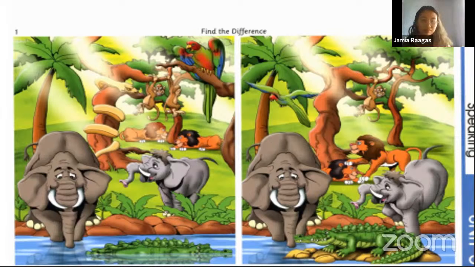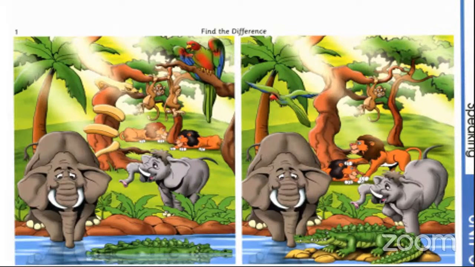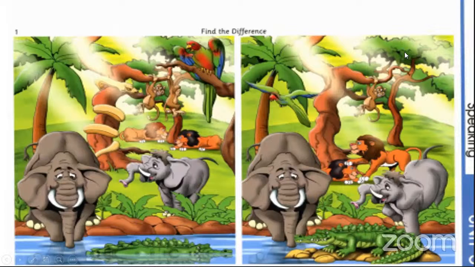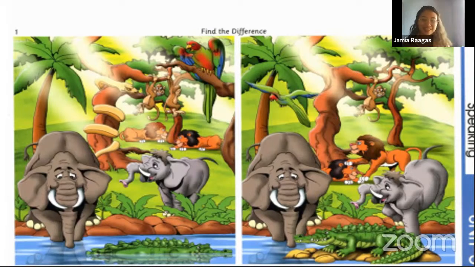There are two monkeys and two lions are sleeping. And the crocodile doesn't stand on rocks, it's floating in the water. You are right. So I think you can easily find the differences here.